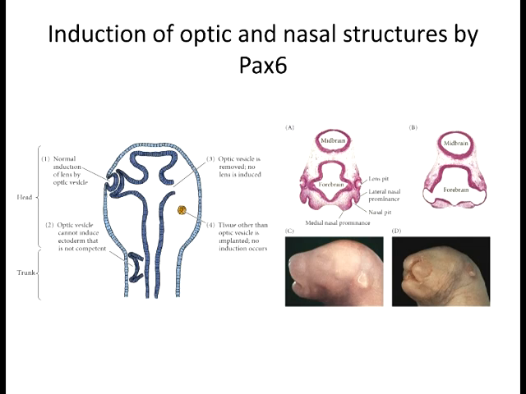Again, conditional specification. This tissue must be present for this to become the lens. Otherwise, there's no signal for it to be induced to have that. If you take some other tissue other than the optic vesicle and put it in there, it shows that because it doesn't have the same morphogen gradient, it still won't induce it to become lens.